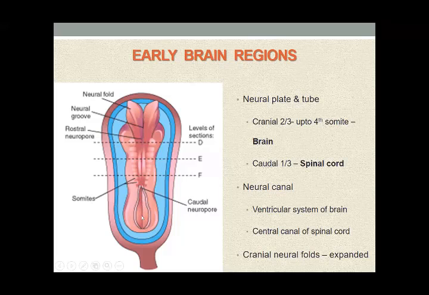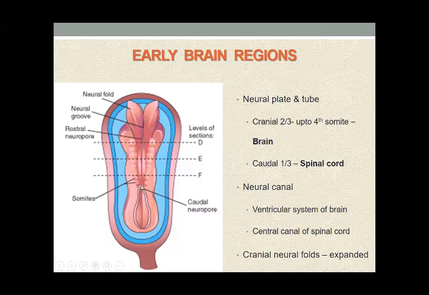Between 4th to 6th somite, it develops into the spinal cord. First 4 somites, cranial somite, cervical somite. So up to the 4th somite, that is the upper two-thirds of the neural tube, develops into brain, and lower 1/3 of the neural tube develops into spinal cord.